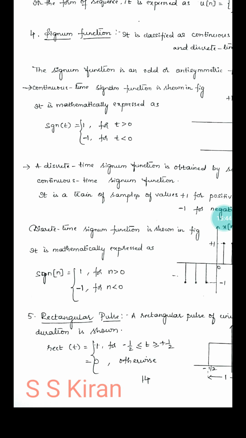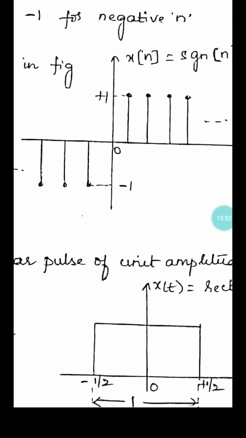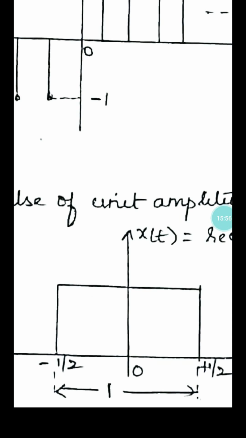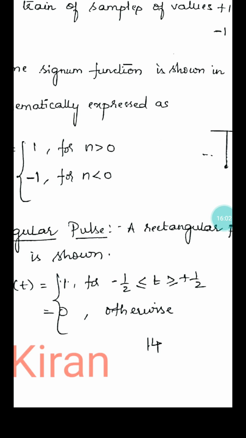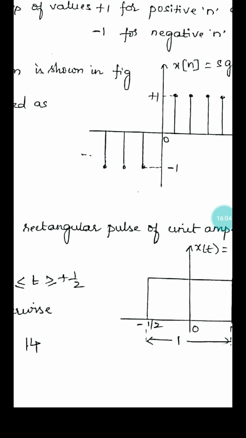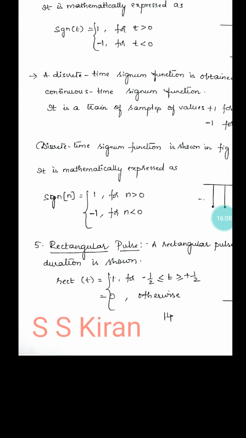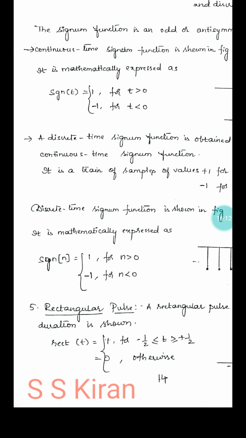Now we will enter into another standard or basic signal, that is called the rectangular pulse, defined over the time period minus 1/2 to 1/2. Just by observing the graphical representation, you can write the definition. A rectangular pulse of unit amplitude and unit duration is shown.